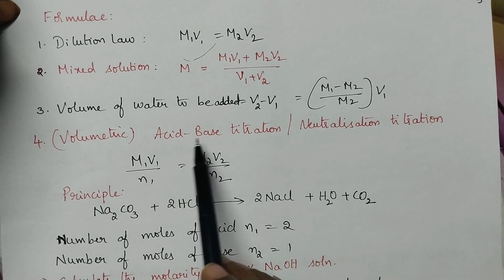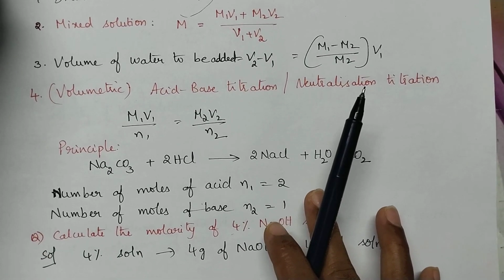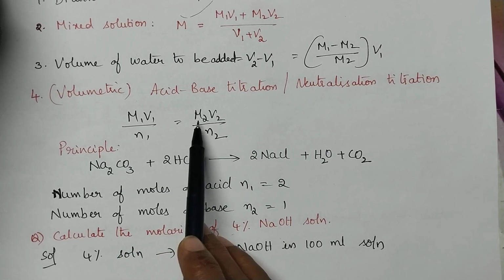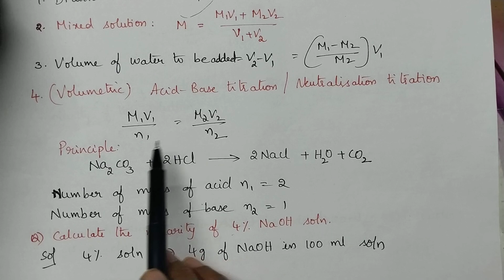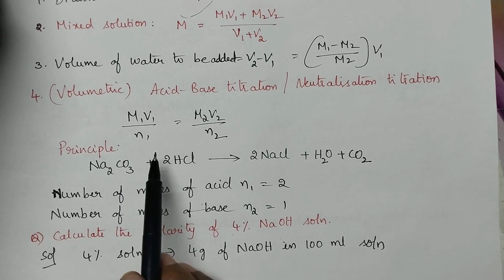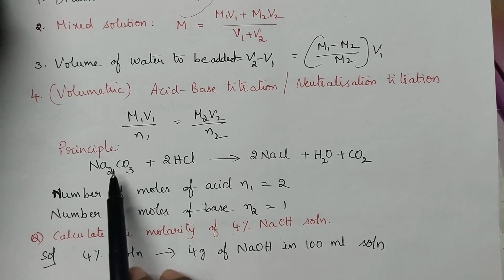In the case of acid-base titrations or neutralization titrations, the expression used is M1V1 by N1 equal to M2V2 by N2. In order to know the values of N1 and N2, we always have to consider the chemical reaction between the acid and the base.